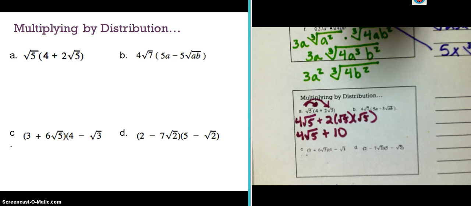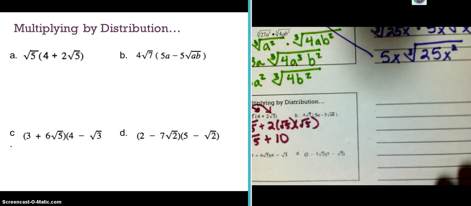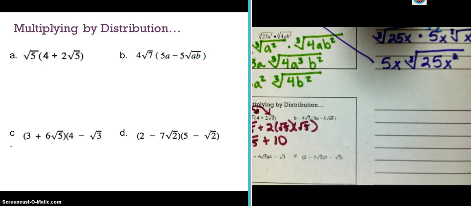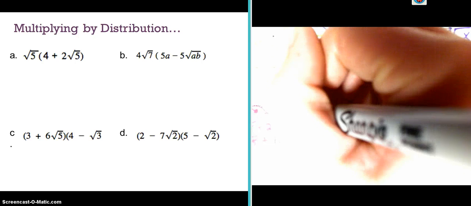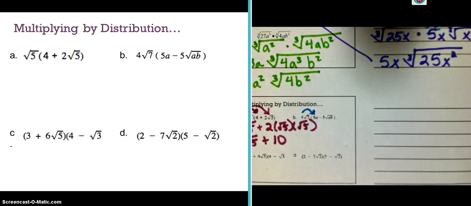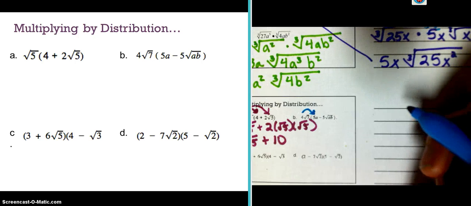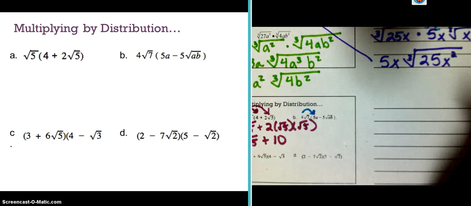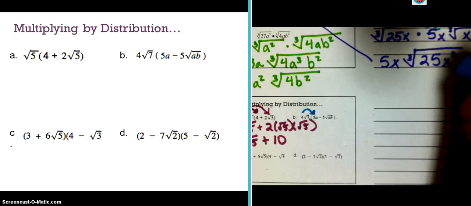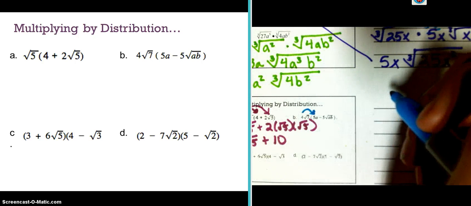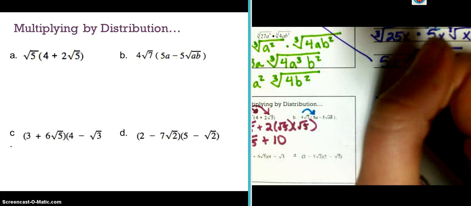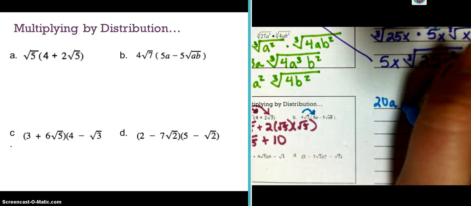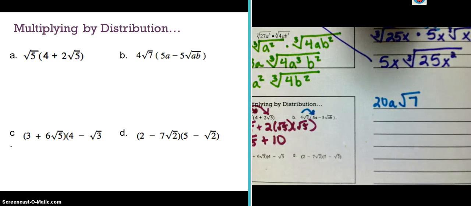On B, I'll do that one a little bit to the side here. I have 4 square roots of 7 times 5A, so I'm going to distribute that one first. There's no other radical for me to multiply by, so I leave what's under the radical alone. So 4 times 5A is just 20A square roots of 7.